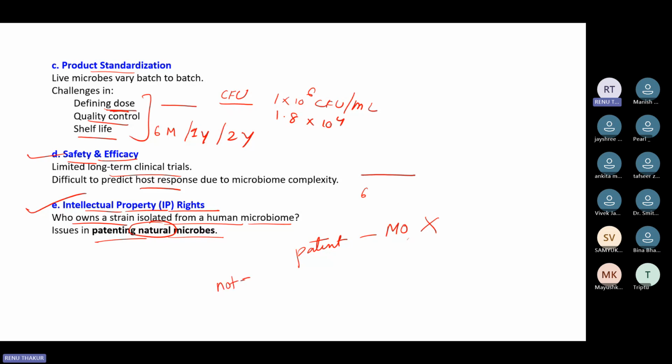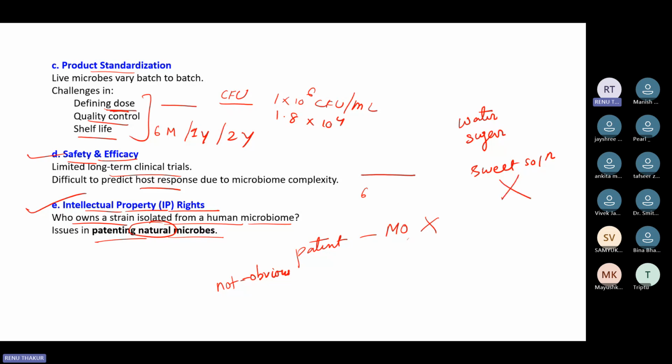For example, if you add water and sugar and say you have prepared a sweet solution and want to patent it, it will not be patented, because this is an obvious thing.